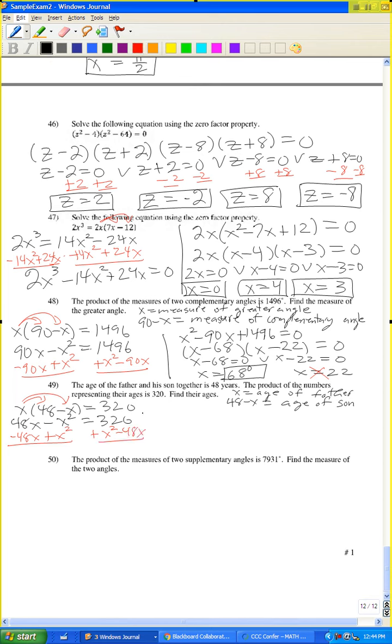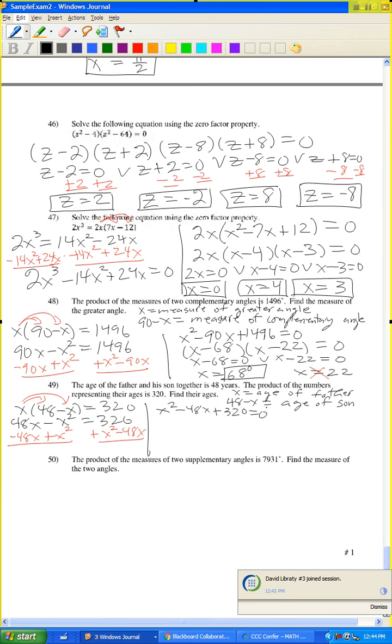And so we get X squared minus 48X plus 320 equals 0. I can factor that as a monic polynomial. I drop down the minus, times plus is minus. I want two whole numbers whose product is 320 and whose sum is 48. Well, 40 and 8.